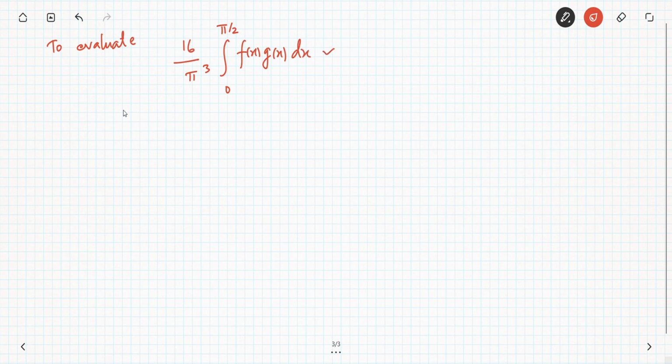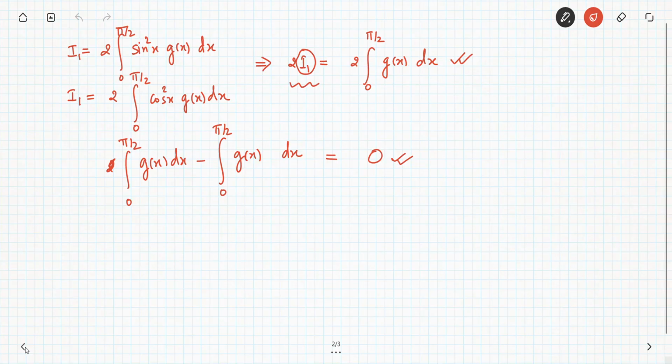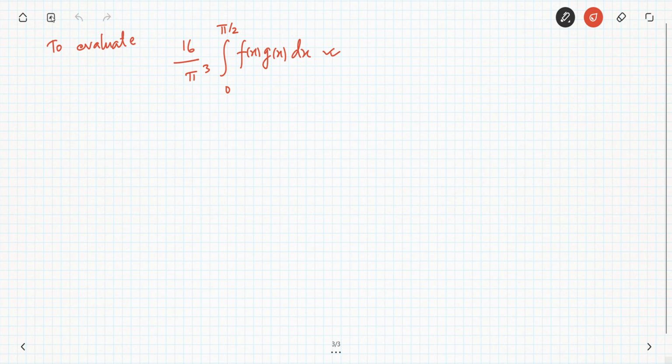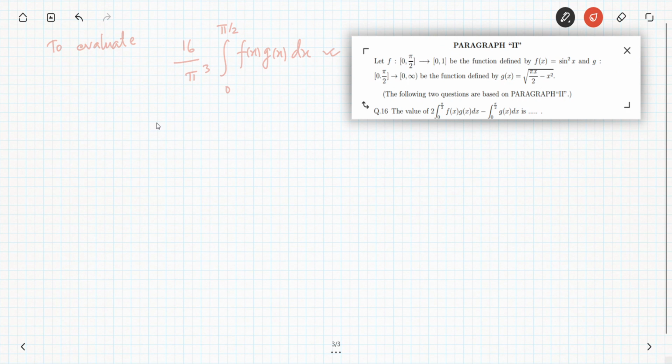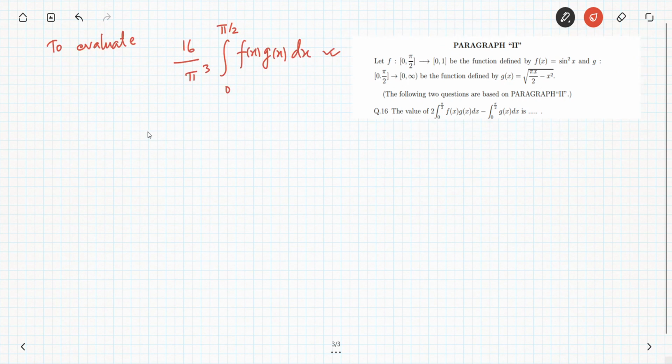Okay, we need to evaluate this particular integral. Now come back to the previous question. So this was our question, and I can write from here that this particular term was 0.